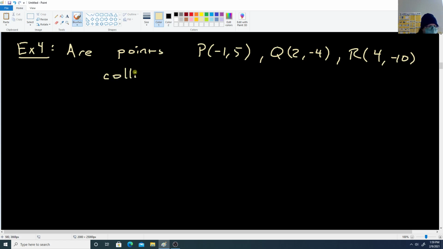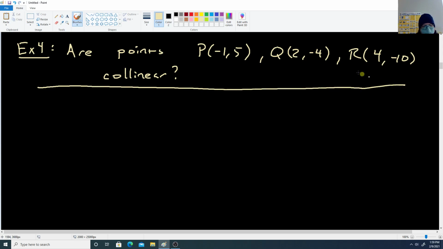So are these points collinear? What collinear means is, do they follow along a straight line? So are all three of these points right along a straight line? And how you check that is you look at one of the smaller distances between the 2 points.